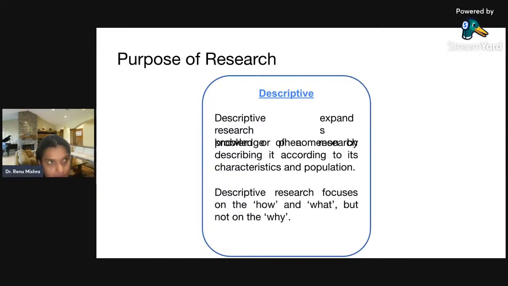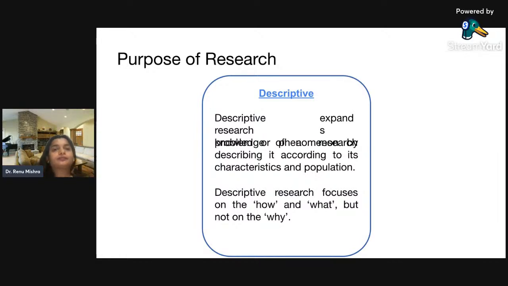Now a quick tip which I would like to give you: if you are writing a research paper, don't base it on descriptive research. The reason being, it becomes very lengthy. Primarily if you are pursuing a PhD or a master's degree or MPhil project, descriptive research makes sense because you are explaining the problem from a holistic perspective.